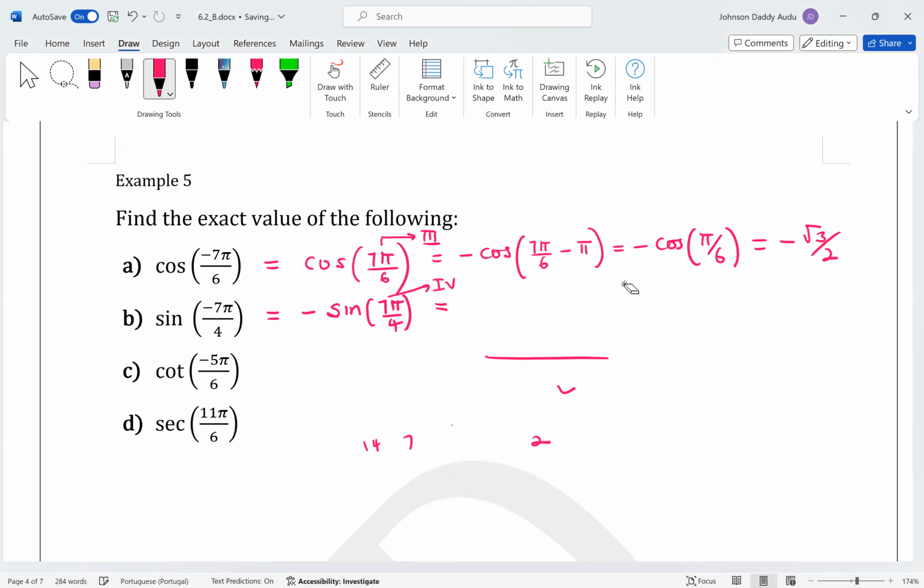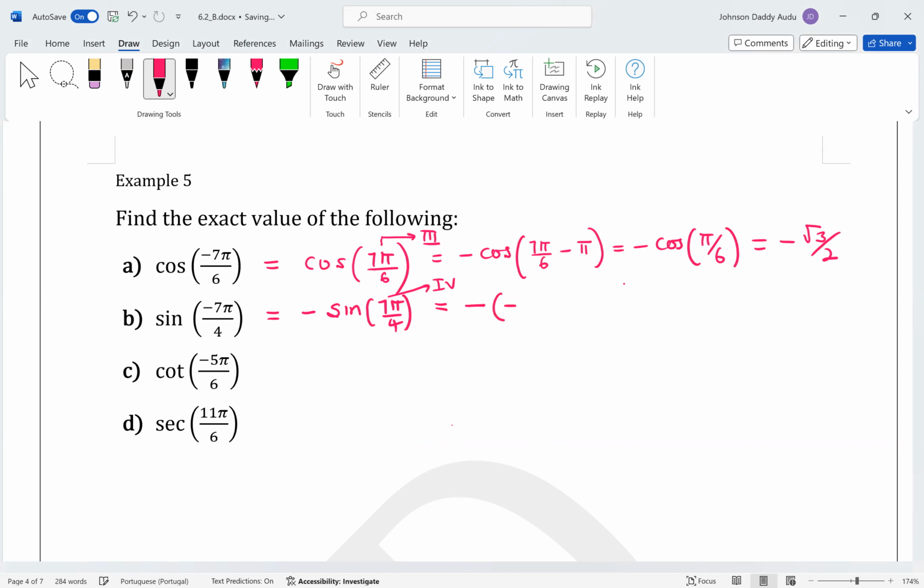So now we know it's in the fourth quadrant. And we know that in the fourth quadrant, sine is negative, right? Since sine is negative, remember we have a negative here, so another negative will have to come out.